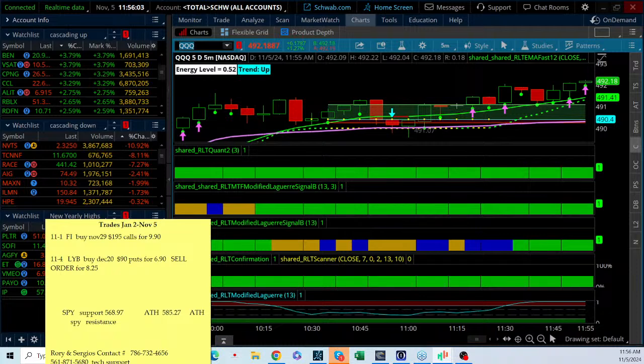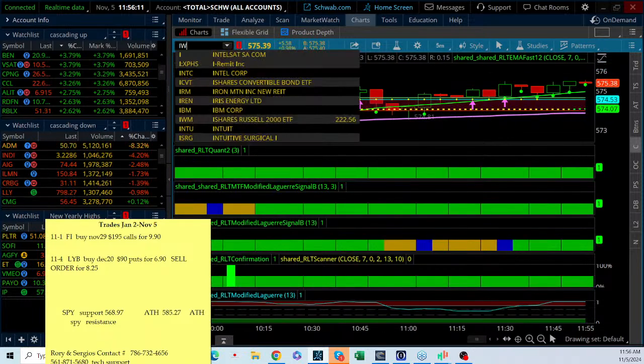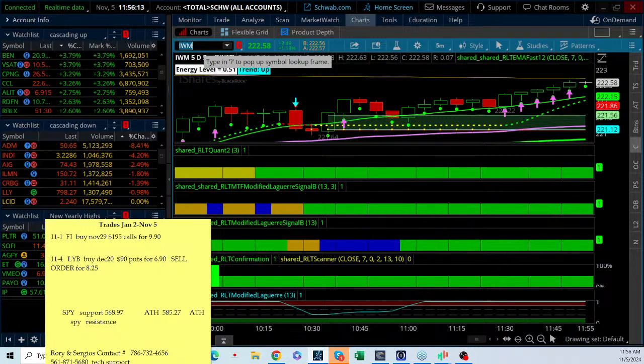SPY has gotten above the 8, now it's right near the 15. IWM is just kind of creeping up.